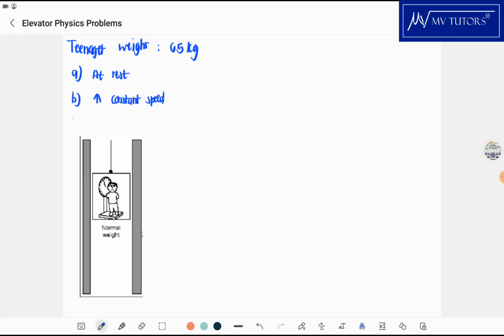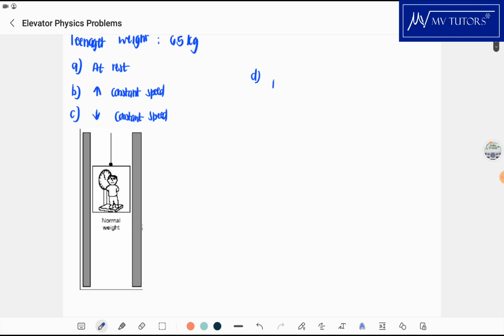The third scenario: what is the reading on the scale when the elevator moves downward, also at a constant speed? And then the fourth option: what is the reading on the scale when the elevator moves upward and there's an acceleration?